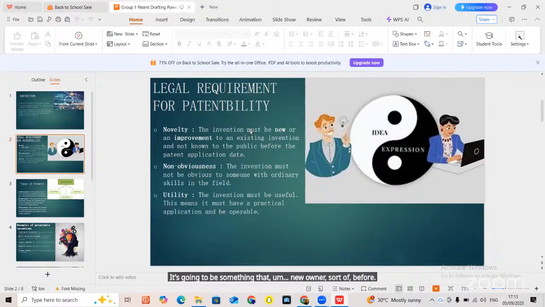I would like to relate it to copyright as well, because I think, to our own understanding, copyright has its own ingredient as well, its own legal requirements, and one of such is that it must be novel as well. What you are creating must be new. The same thing applies with patents as well. So it must be new and must be an improvement to an existing invention, not known to the public before the application for that patent. And that's a very clear requirement for patent.